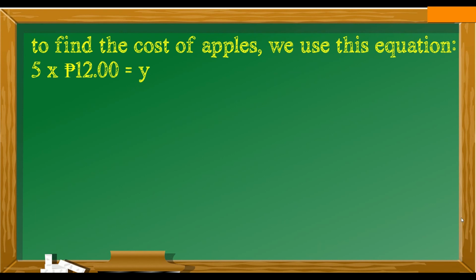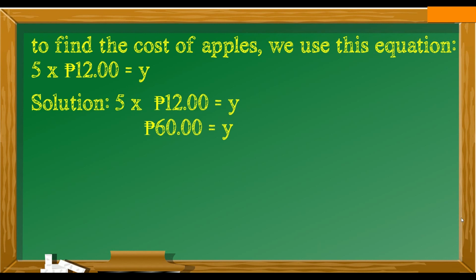To find the cost of apples, we use this equation. 5 times 12 pesos is equals to y. Y is the cost of the apples. 5 because 5 apples. 12 is the cost of each apple.